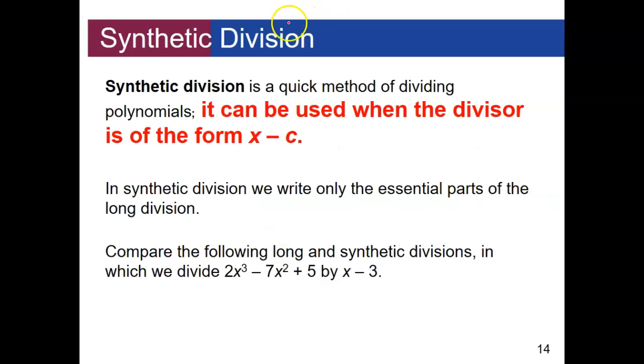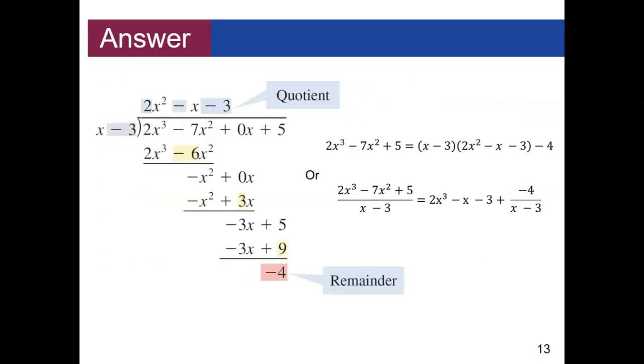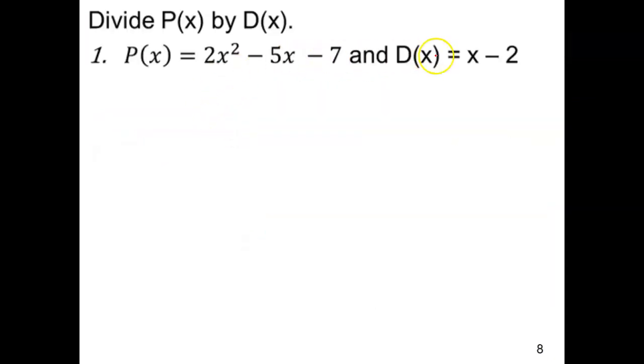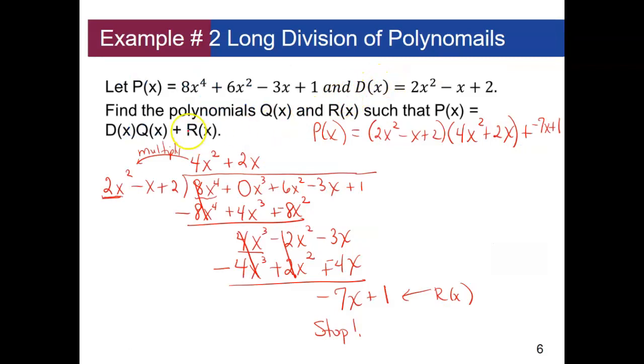Okay, so synthetic division is actually a much quicker method than long division, but it doesn't always work. If you notice on long division, we really didn't have to worry about what we were dividing into it. This one was to the first power. This one was also to the first power. If we look back at this one, our divisor was to the second power.